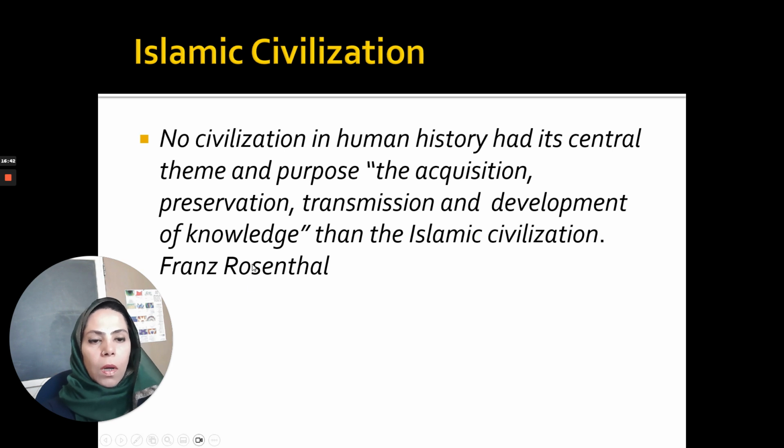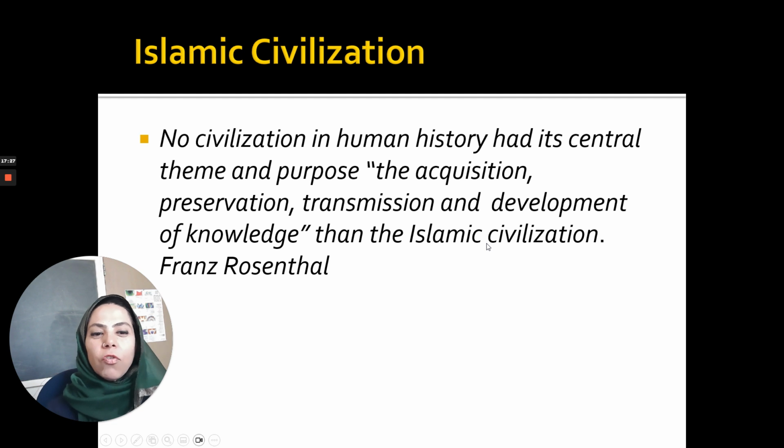In one of his books he actually said that previously, not the modern Islamic civilization but the one that existed earlier, he studied Muslim civilization, and this is what he has to say: no civilization in human history, whether the Mayans or Egyptians or whatever civilization existed, had as its central theme and purpose the acquisition, preservation, transmission and development of knowledge, other than the Islamic civilization.